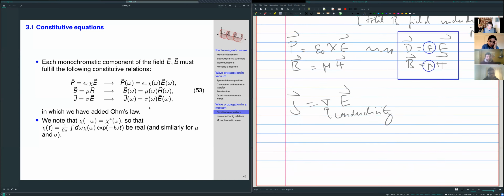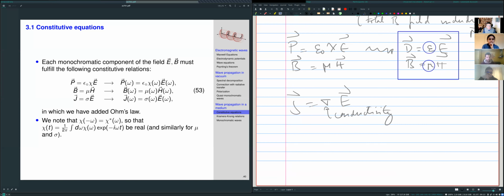So here the idea is, for instance, look at the magnetic field. The magnetic field is a signal, B of t, and we will decompose this signal spectrally by taking the Fourier transform, etc.